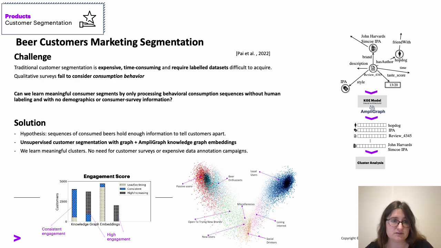What we noticed is that we did learn meaningful clusters without the need for customer surveys or expensive data annotation campaigns. You can see an example of a subgraph from this data in the top right corner. So we can see the review. That review has an author, a brand, and a style of beer, like IPA, and also the taste score.